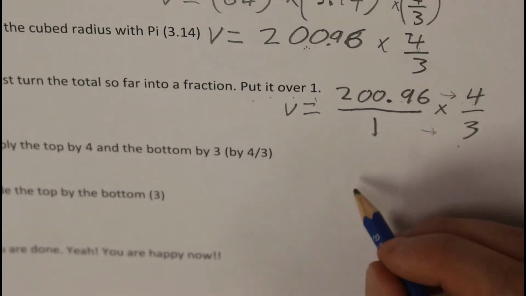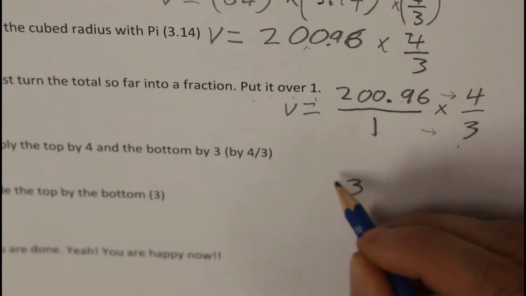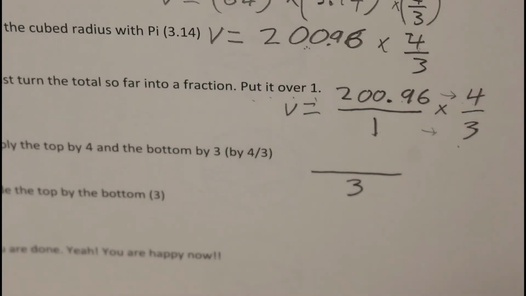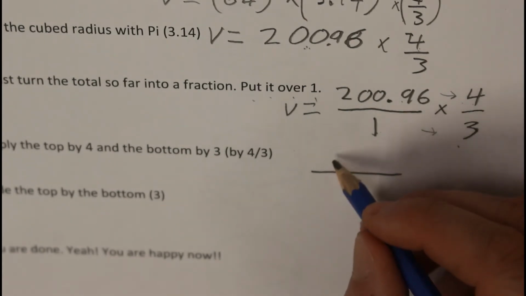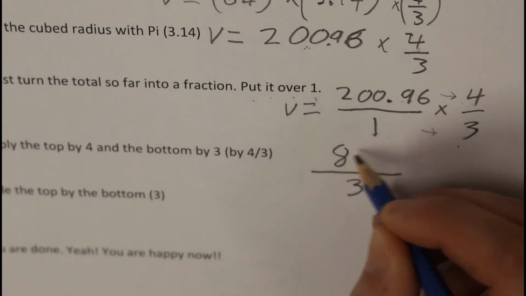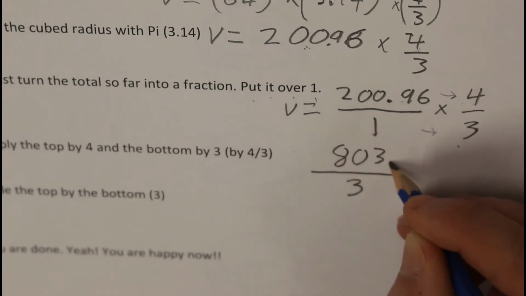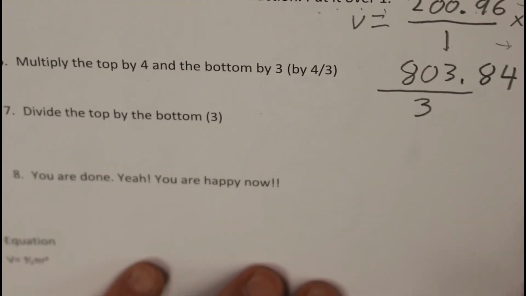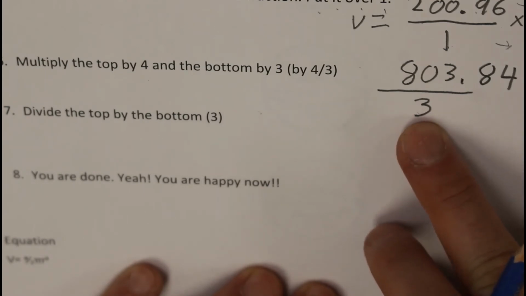Okay, so start with the easy one. 1 times 3 is, well, 3. 200.96 times 4, we get 803.84. Awesome. All right, and now we just need to turn this back into a whole number.